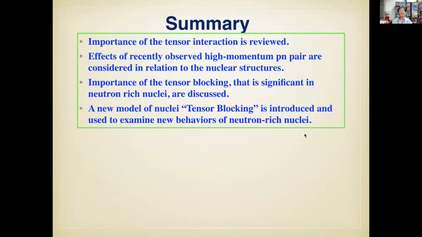The importance of tensor interaction is reviewed, and the effect of the recently observed high momentum p-n pair is considered in relation to nuclear structure, and the importance of tensor blocking that is significant in neutron-rich nuclei is discussed. A new model of what I call tensor blocking is introduced, and then examined for all those new behaviors of neutron-rich nuclei.